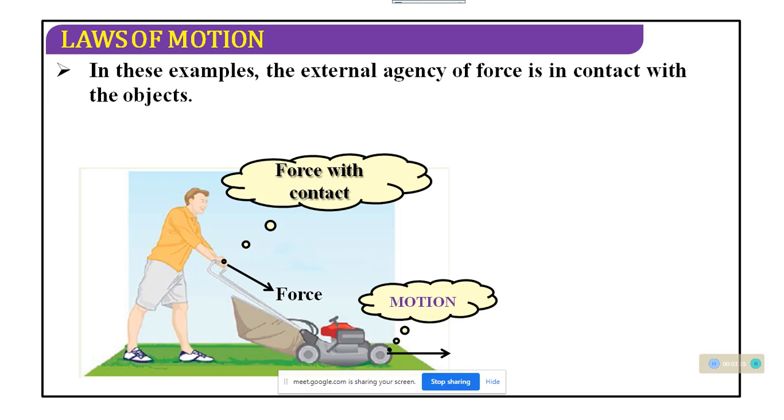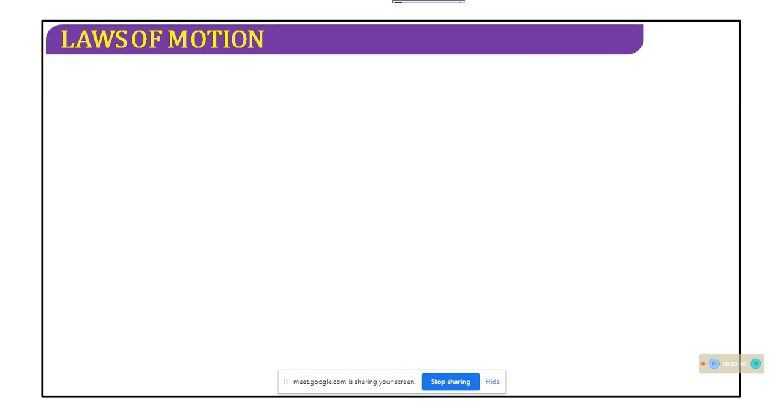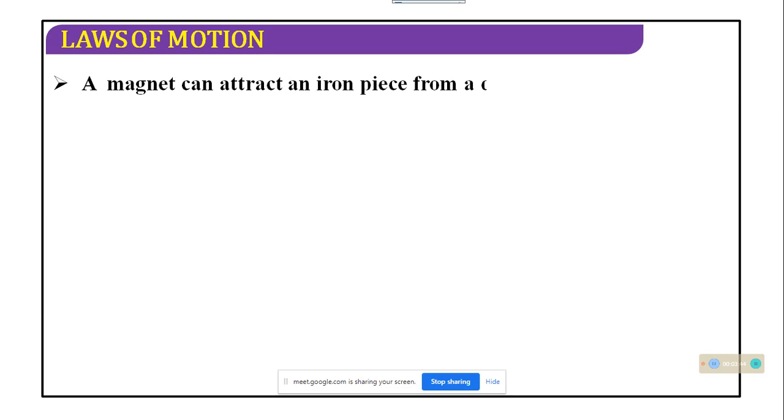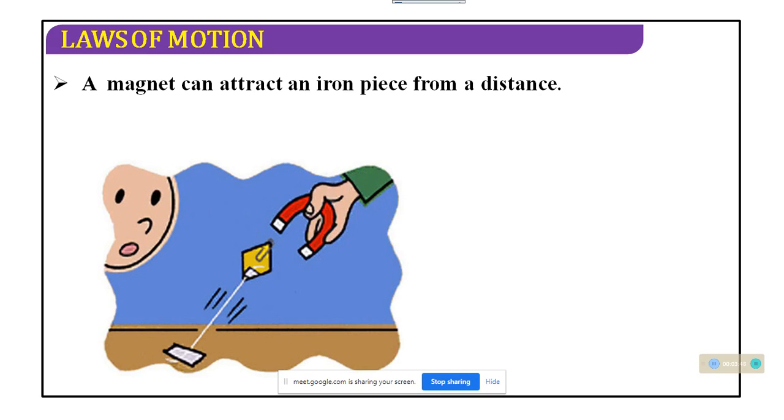One is contact force, where the body gives the force by contact, and another is non-contact force. I will discuss in detail what contact and non-contact forces are. A magnet can attract an iron piece from a distance. This is the non-contact force.